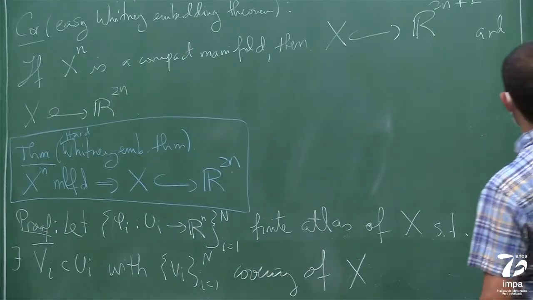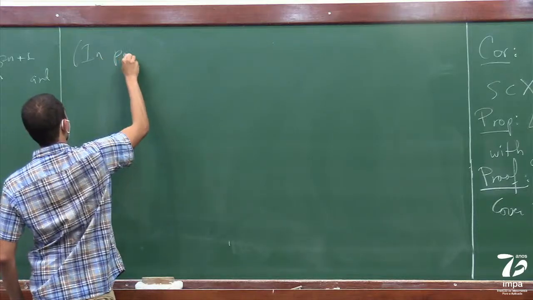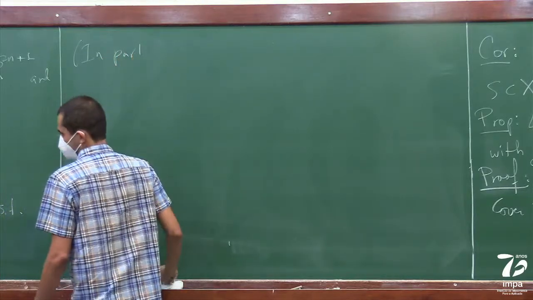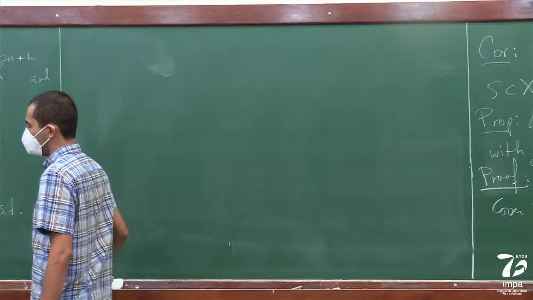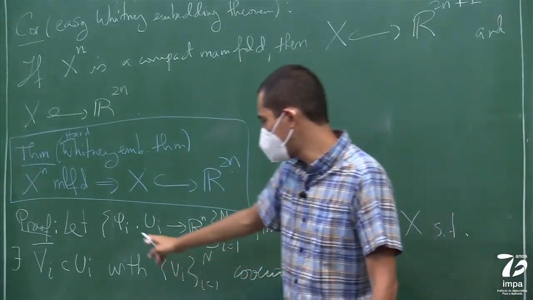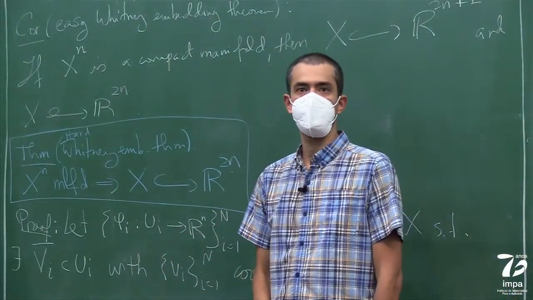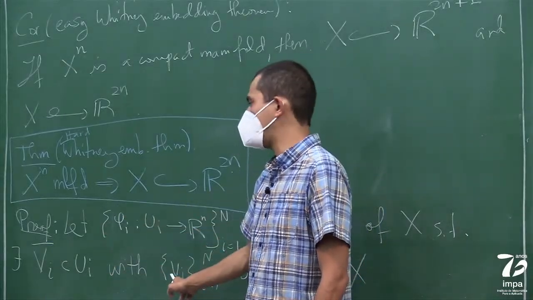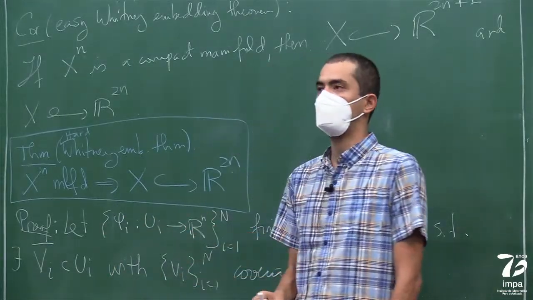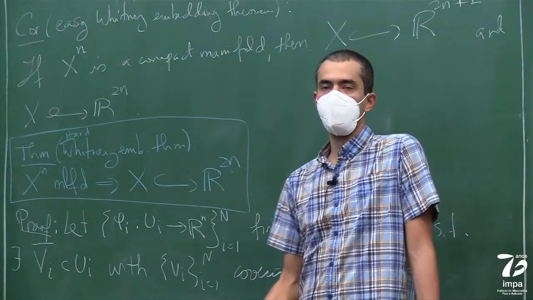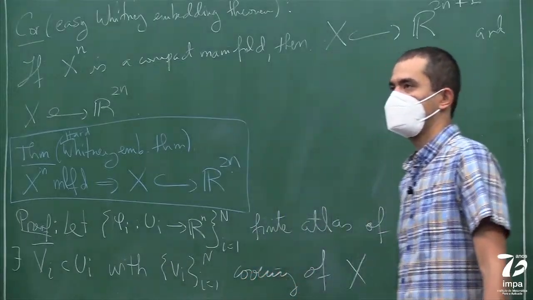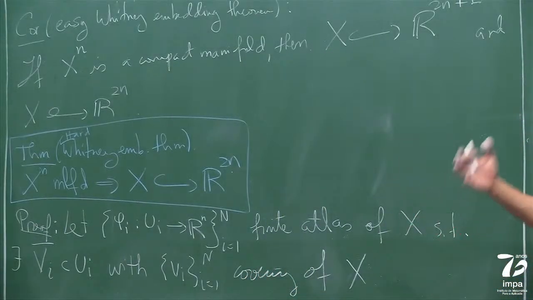V_i is a covering of X, and I can restrict the chart to V_i. When I restrict the chart to V_i, I still get an embedding into Rn. A chart is, by definition, an embedding: a diffeomorphism onto an open set of Rn.